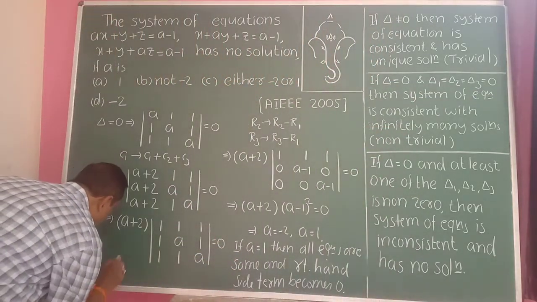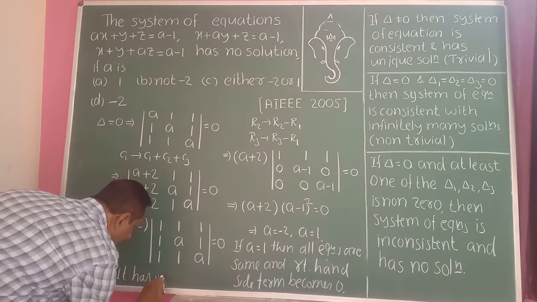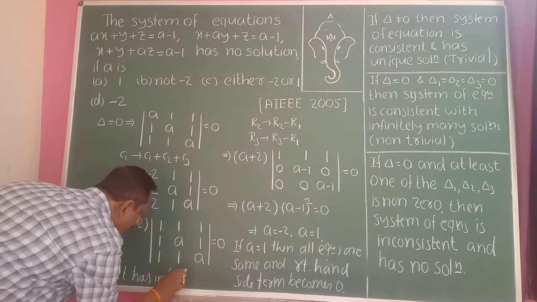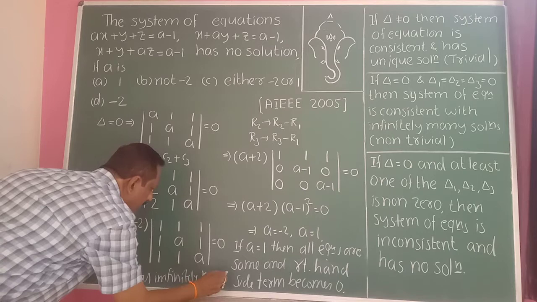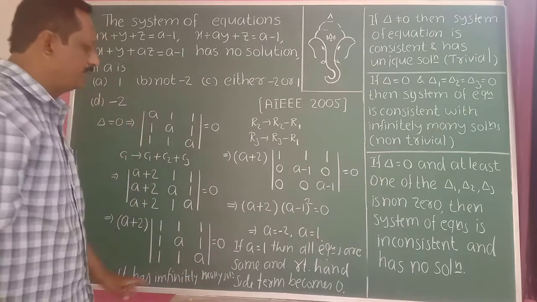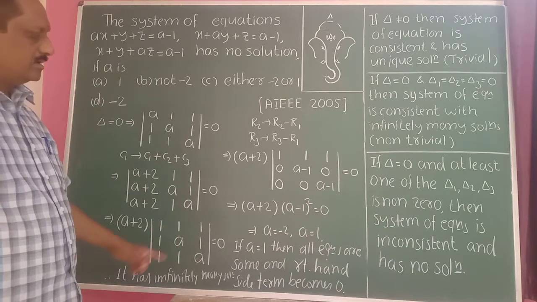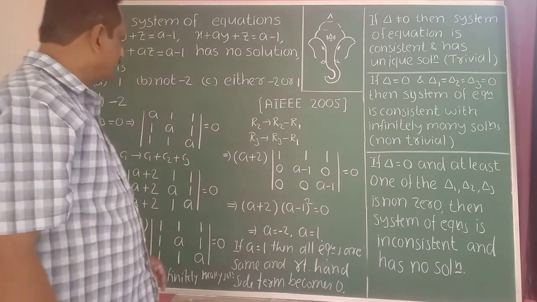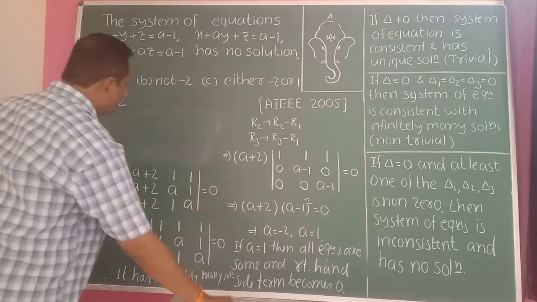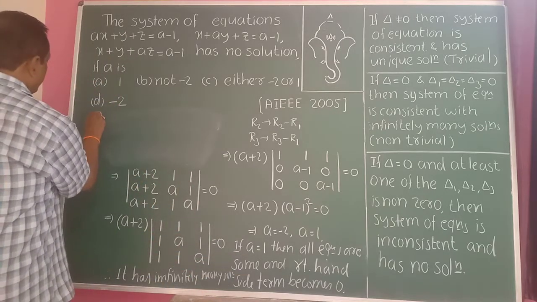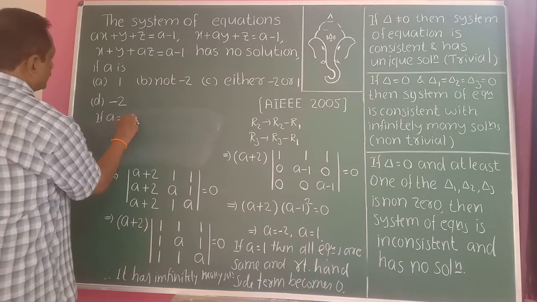Therefore, when A is equal to 1, it has infinitely many solutions. Suppose A is equal to minus 2.